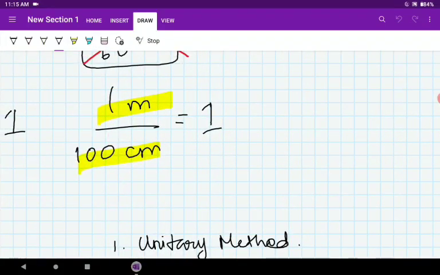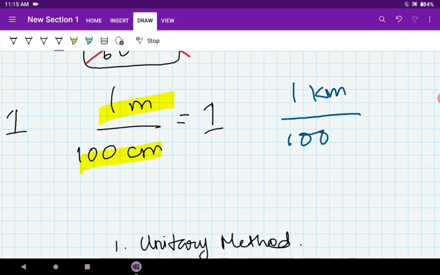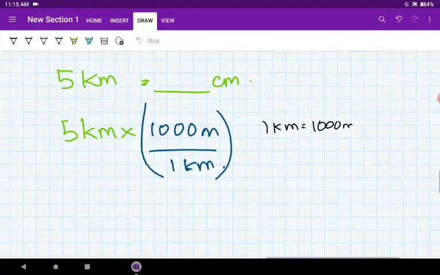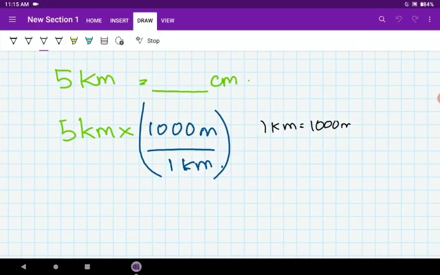Similarly, 1 kilometer and 1000 meter, this is also the same amount of length, so it will be same. So 5 kilometer into 1000 meter by 1 kilometer, this will come to be 5000 meter.